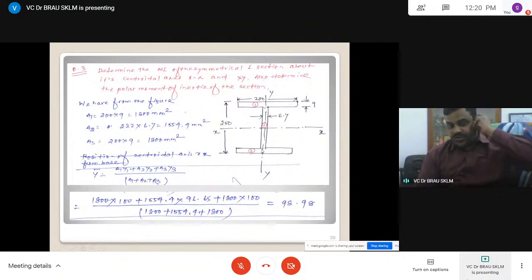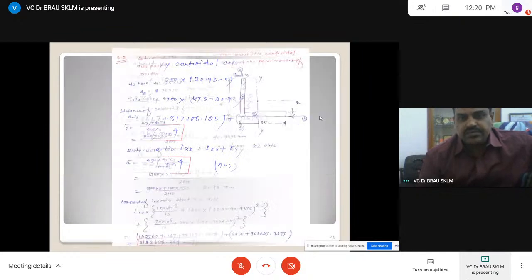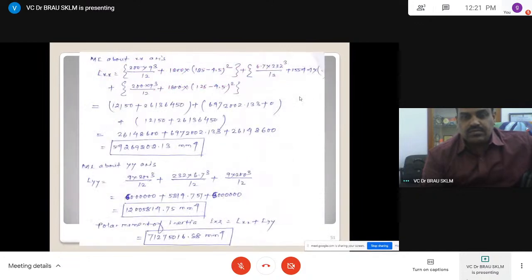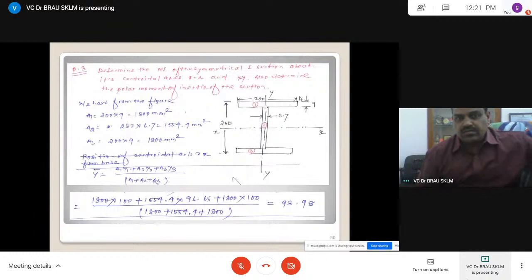The top web and bottom web are the same. It is looking different. A3 is 200 into 9.